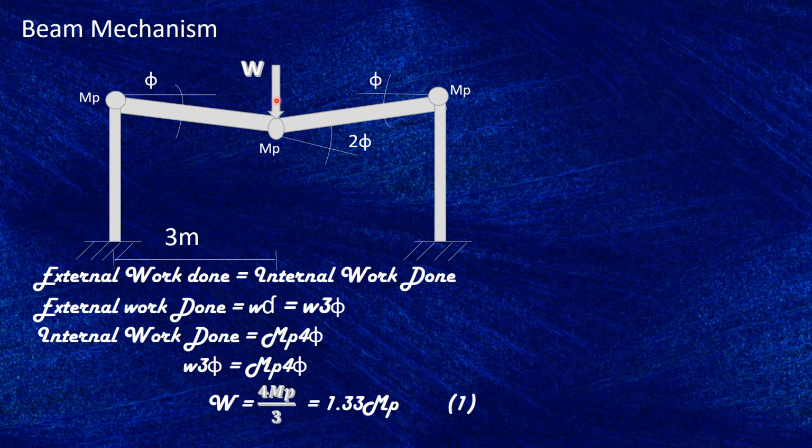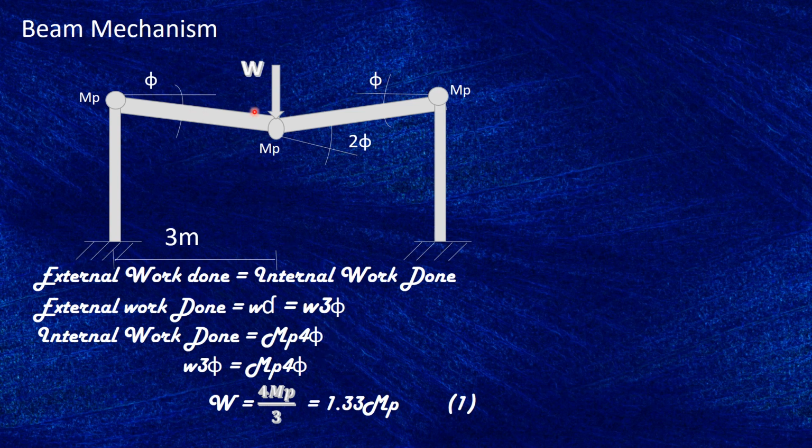So opposite is, if we call it dV over 3 meter, so tan theta, for small rotation, tan theta is equal to theta, so theta is equal to dV over 3 meters, so dV is 3 times tan theta. That is a vertical work done, so that is W3 theta.